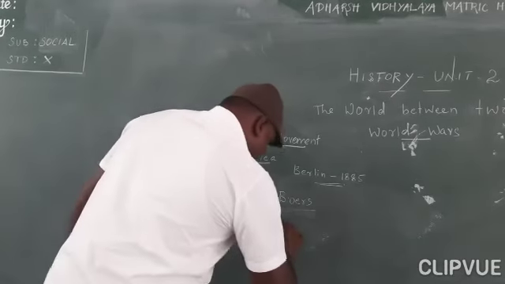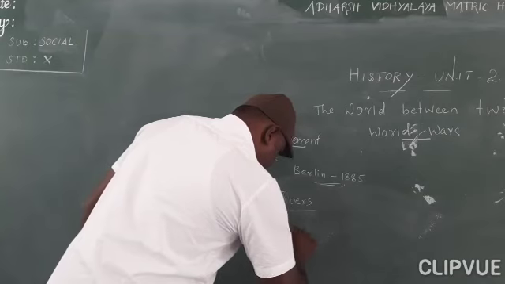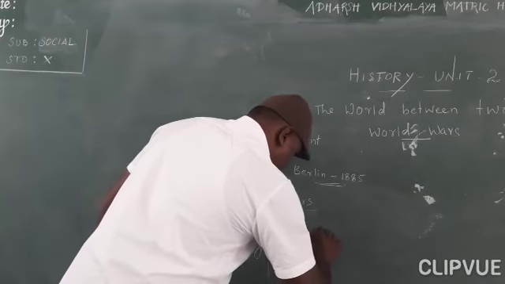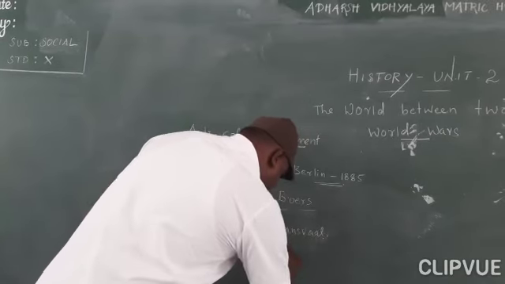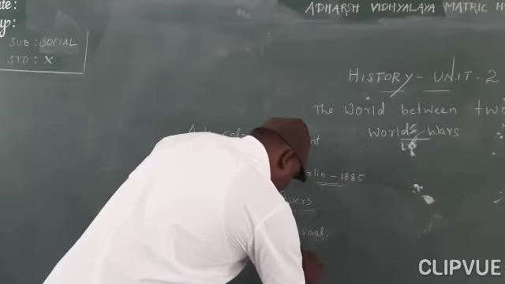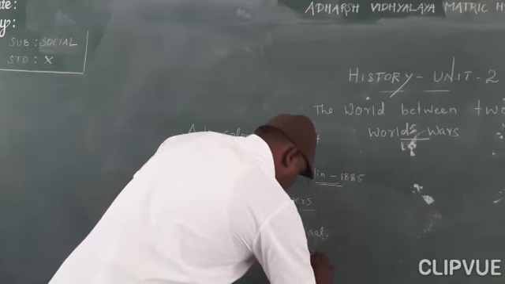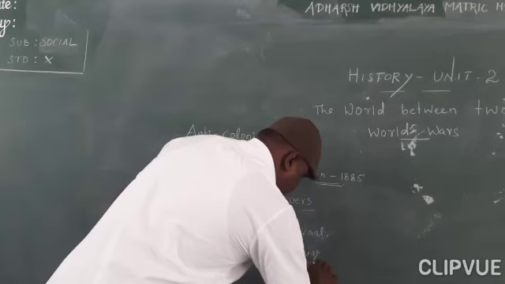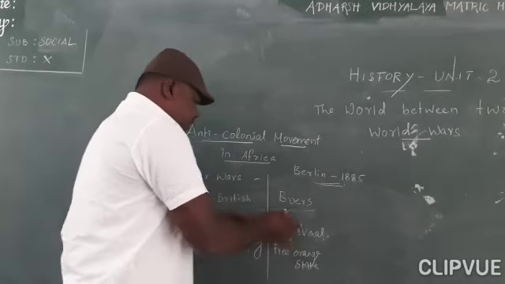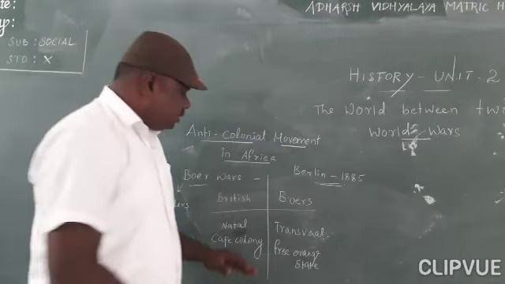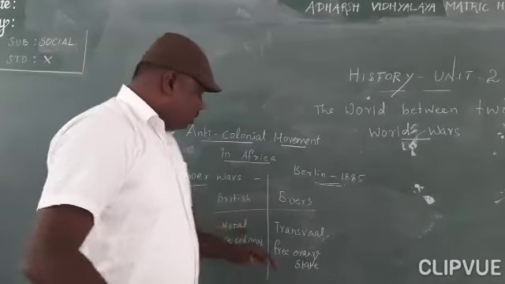On the Boers' side, you can see Transvaal and Free Orange State. These are the four important states in Africa.